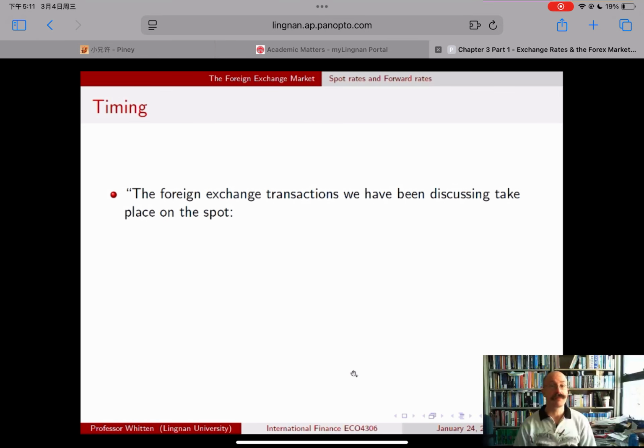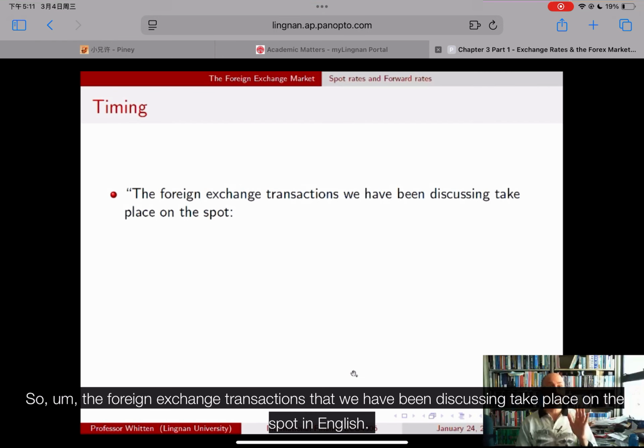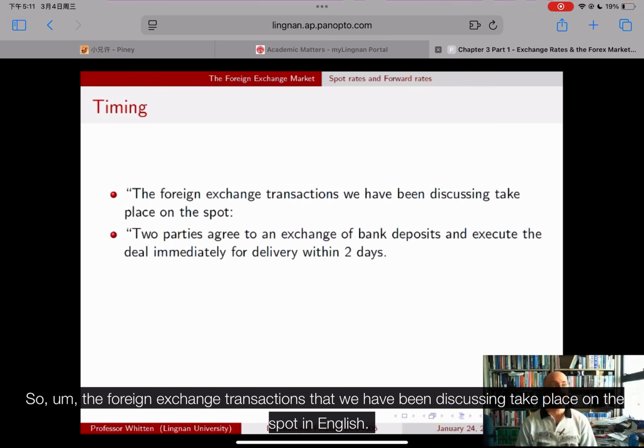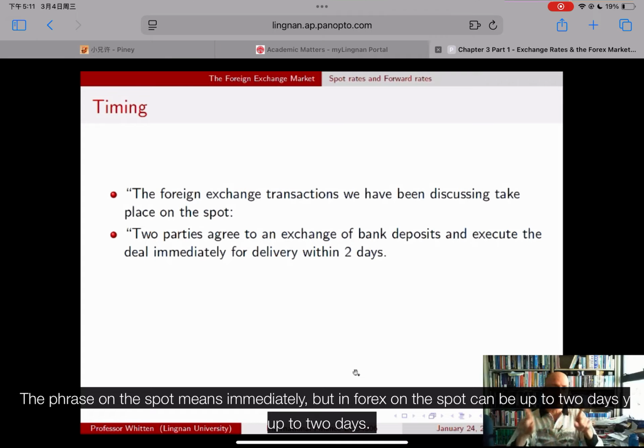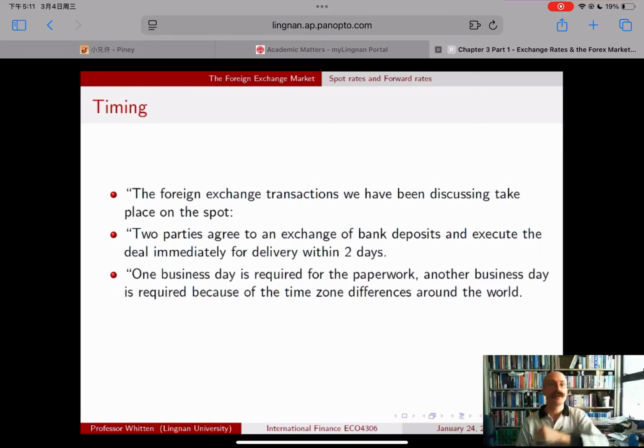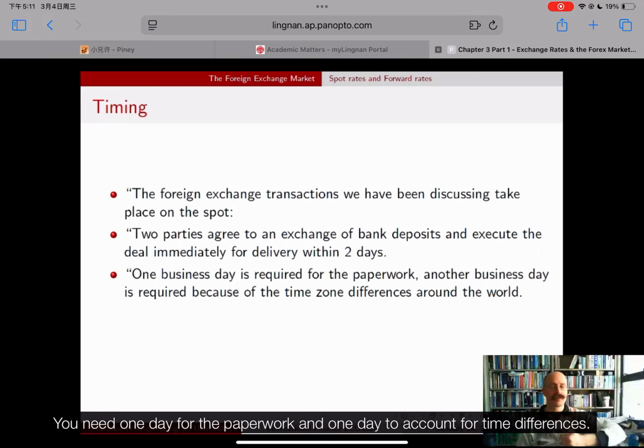Now, for timing. So, the foreign exchange transactions that we have been discussing take place on the spot. In English, the phrase on the spot means immediately. But in Forex, on the spot can be up to 2 days. Why up to 2 days? You need 1 day for the paperwork and 1 day to account for time differences.